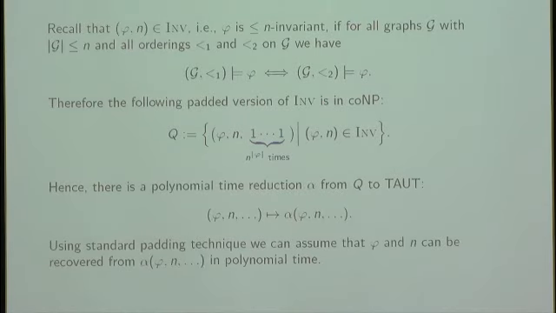Because TAUT is co-NP complete, there is a polynomial time reduction alpha from Q to tautology, which maps every tuple (phi, n) together with some ones to the formula alpha(phi, n, ones). Of course, we also need the standard padding technique so that once we are given the instance produced by the reduction, we can recover (phi, n). This would be needed in our proof.